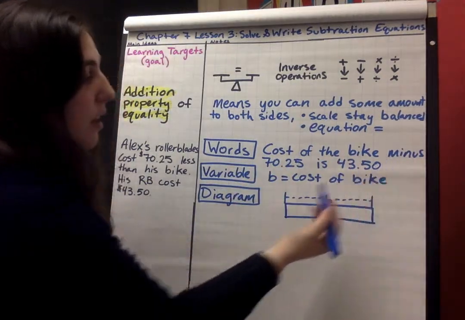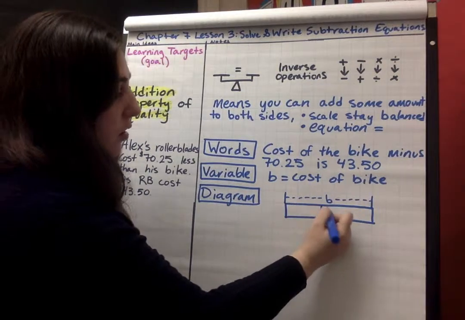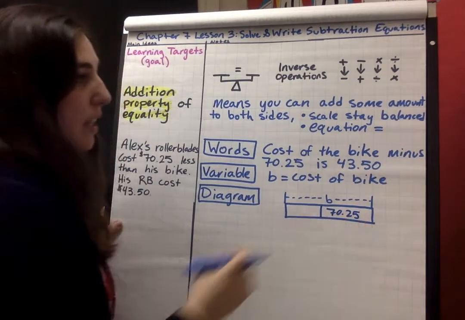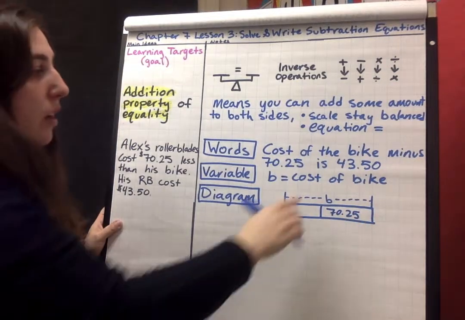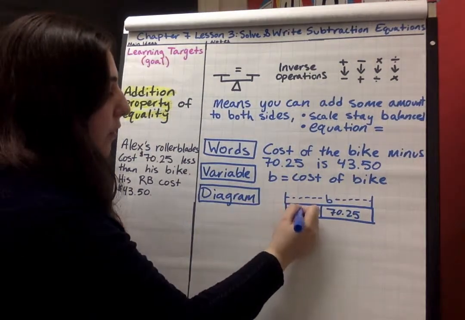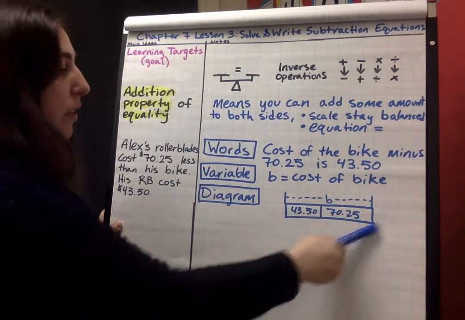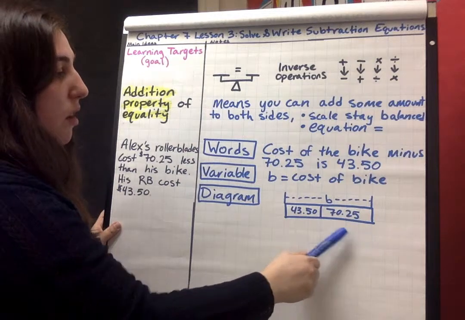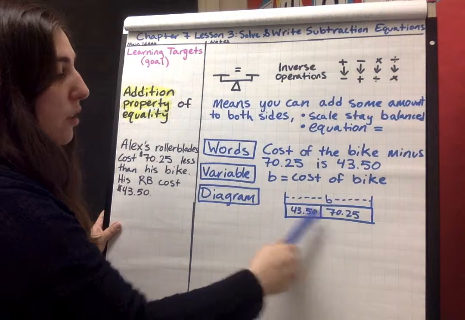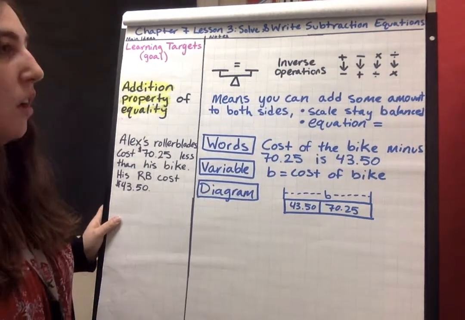So this tells me that it's less than, it's taking away. So if this part is $70.25, this is being taken away. And then I have 43.5. So I'm going to put 43.5 here. So this whole thing is the cost of the bike minus 70.25 is 43.50, and you'd get the rollerblades from that amount. Okay? All right.